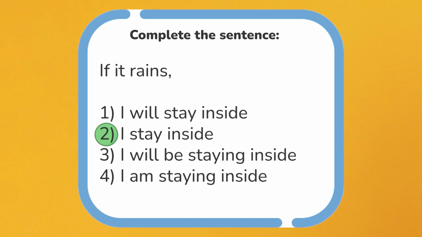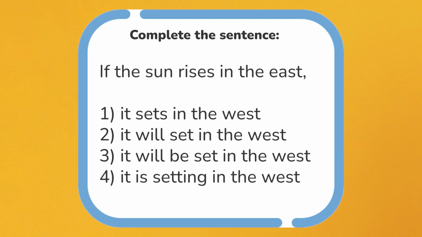I stay inside. If it rains, I stay inside. We're using this because it's something that we normally do. It's generally true, and we can see the grammar matches. Present simple, present simple.